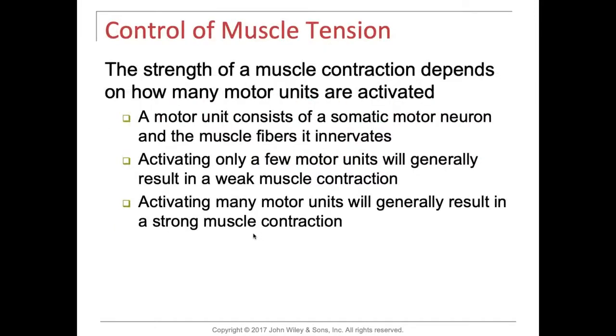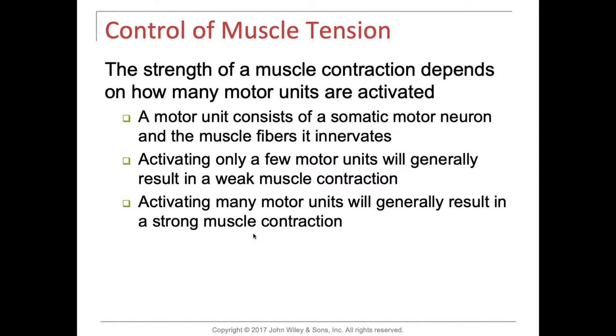In terms of muscle tension, every muscle is going to have muscle tension, especially your postural muscles. The strength of a muscle contraction is really going to depend on how many motor units are activated. If you're lifting something light that's not too strenuous, maybe 1 or 2 motor units.